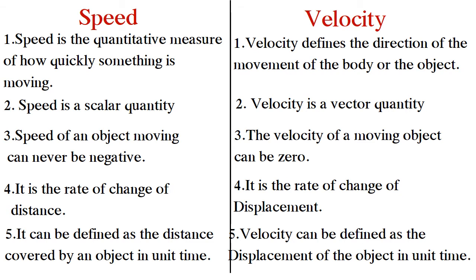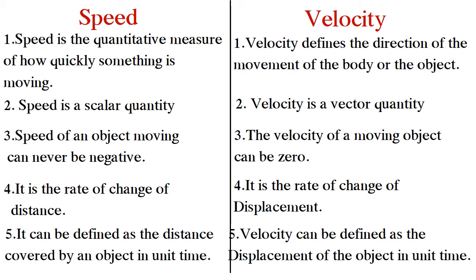Speed of a moving object can never be negative. Velocity of a moving object can be zero. Speed is the rate of change of distance and velocity is the rate of change of displacement.